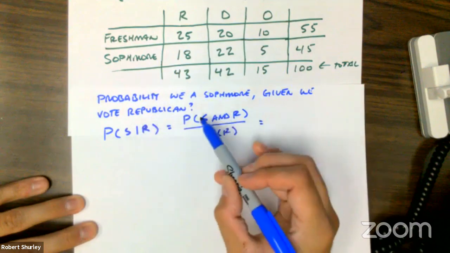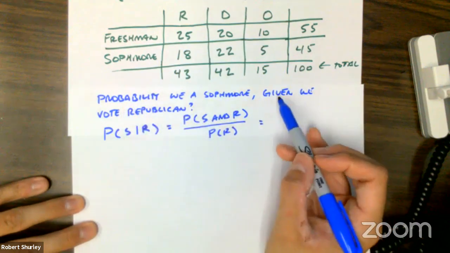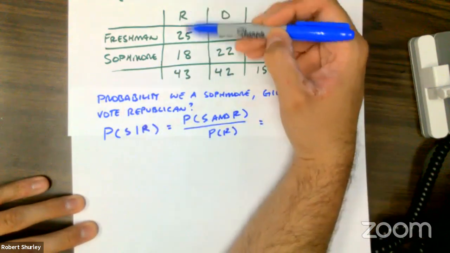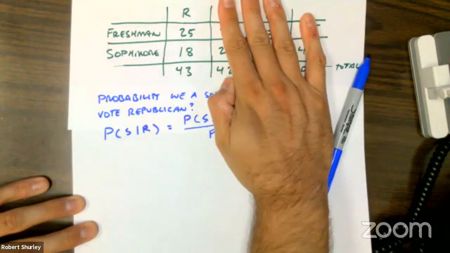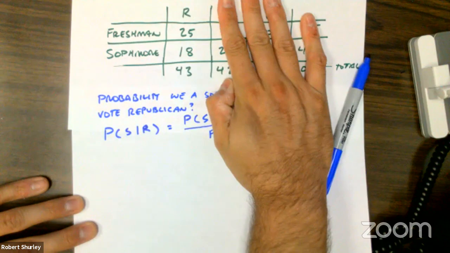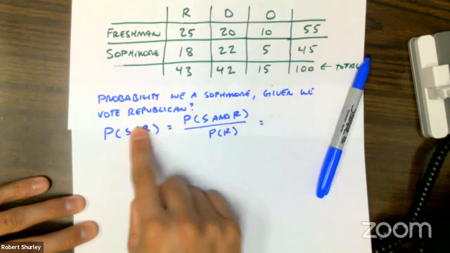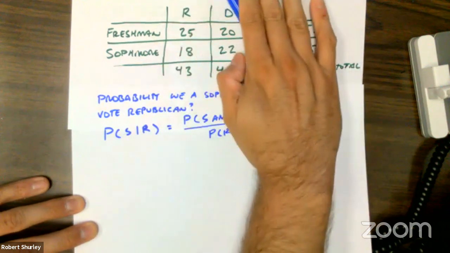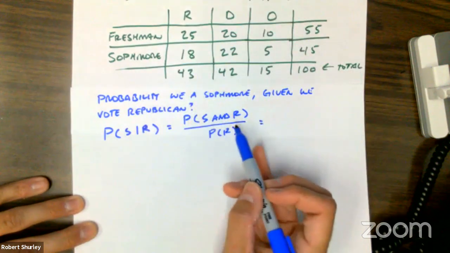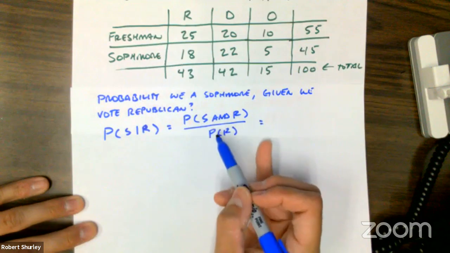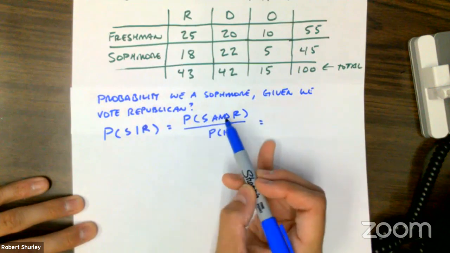Now look, first we need the probability because we're only looking at Republicans now, right? So now we're only looking at this column. We're not worried about these other three columns actually, because we're given that we're a Republican, right? Given we vote Republican. So none of these other columns matter. Now, we want the probability we're sophomore. Now, notice the numerator on this ratio is we're a sophomore and we're Republican.